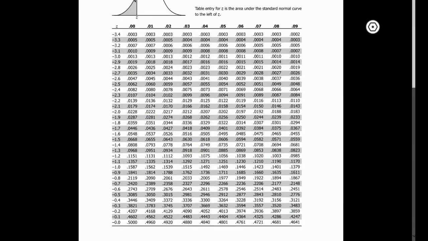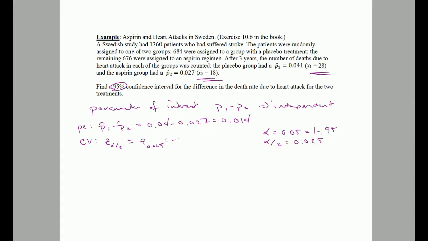So as a reminder, just to practice this again, we're going to look for a z-score that has 0.025 probability less than it. So we look for 0.025 probability in the table, and we work our way out to the z-score. And we see that z of 0.025 is negative 1.96. So z with 0.025 probability less than it is negative 1.96.